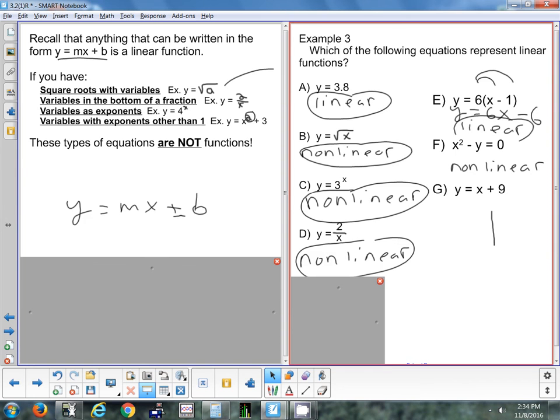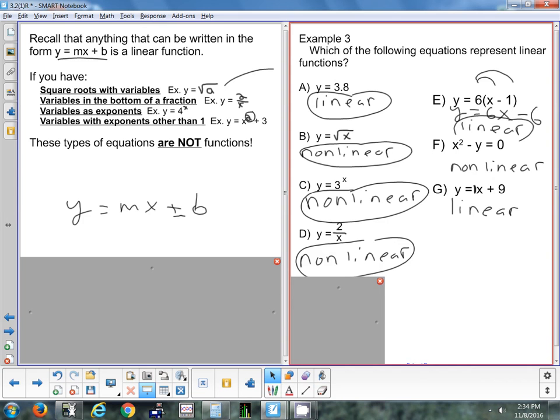Okay, how about G? If you're looking at this, what's B in this case? B is 9. What about M? It's 1. You have that invisible 1. So what is this one? Linear.